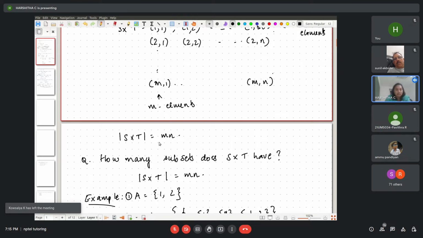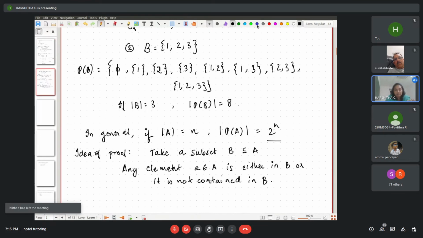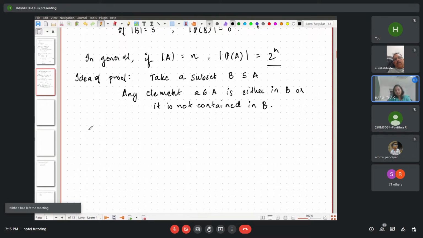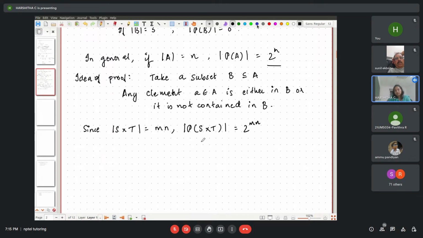Since the cardinality of S cross T is mn, the cardinality of all subsets of S cross T is 2 power mn. So this is the number of relations from S to T.